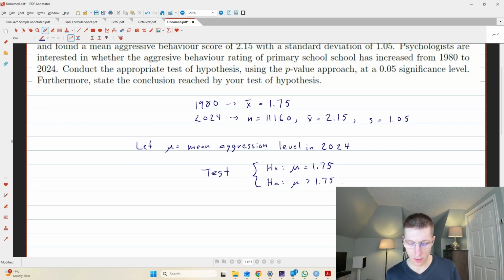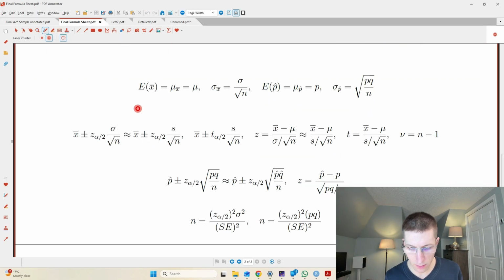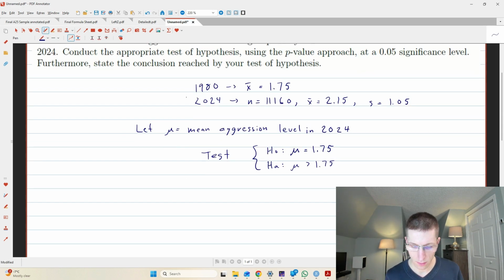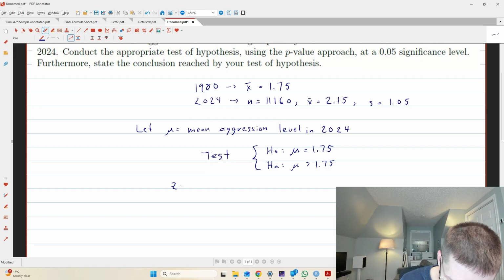Okay, so test of hypothesis, if we look at our formulas, here we've got the Z statistic as our test statistic. And so Z, I sometimes write Z C for the test statistic.